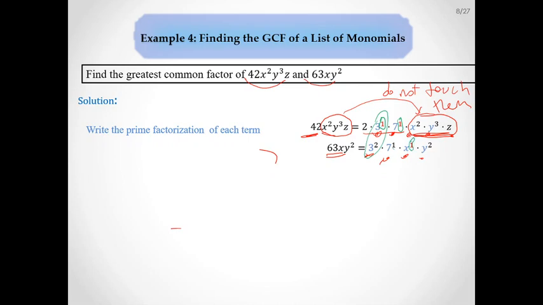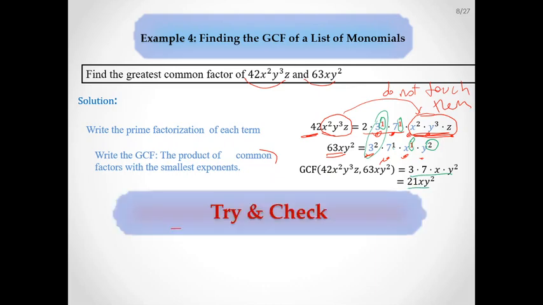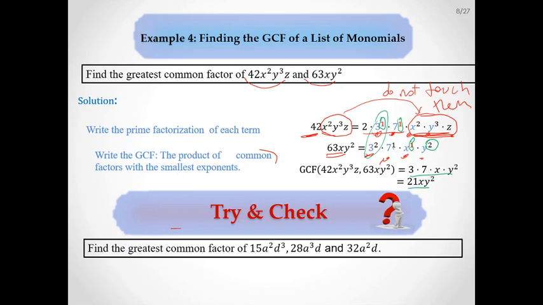This one is the smallest one, and this one is the smallest one. Then we pick these powers and write the greatest common factor as this. Please stop the video and try to do it by yourself, and then I will do it. I hope you finished it.